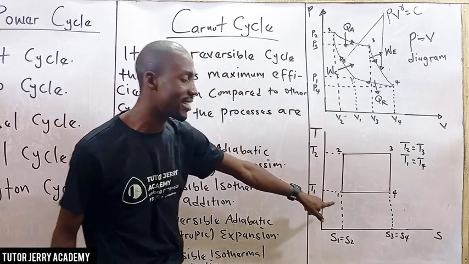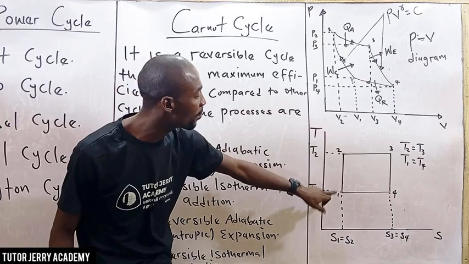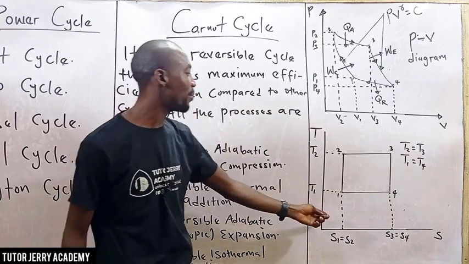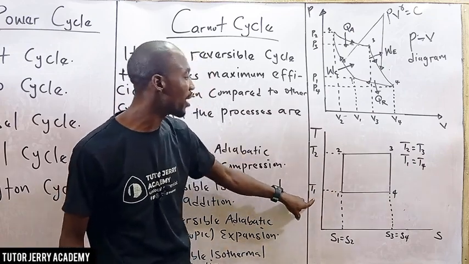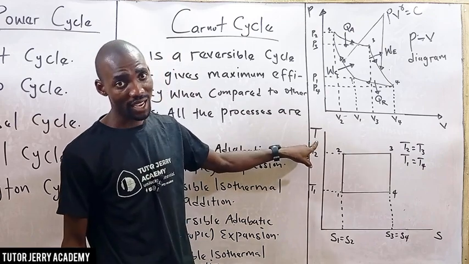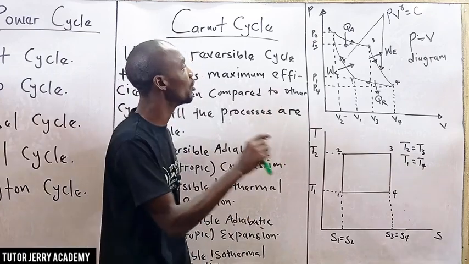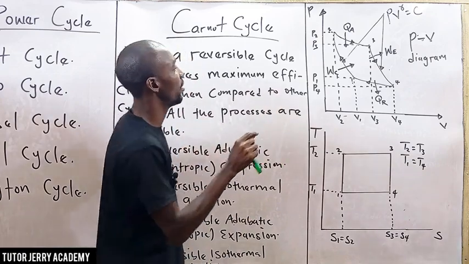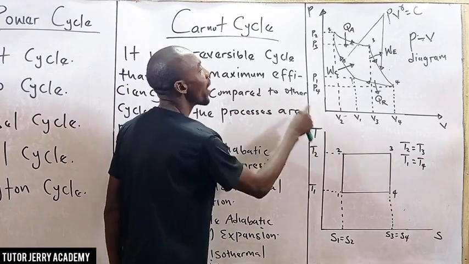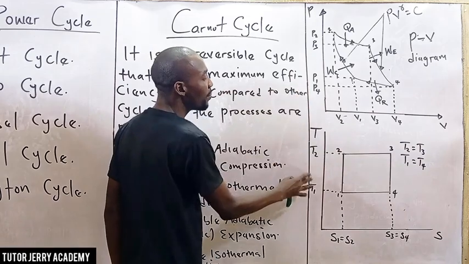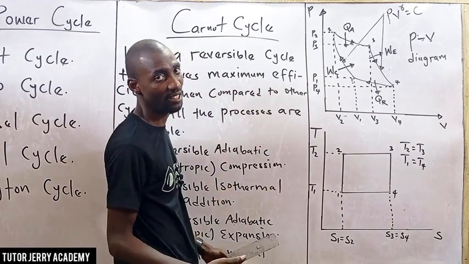But if you look at our TS diagram now, during the compression process, the temperature increases from T1 to T2. Is that clear? All right. And so we can conclude that during the compression process, the volume of air reduces while the pressure and the temperature of air increase. Is that clear?